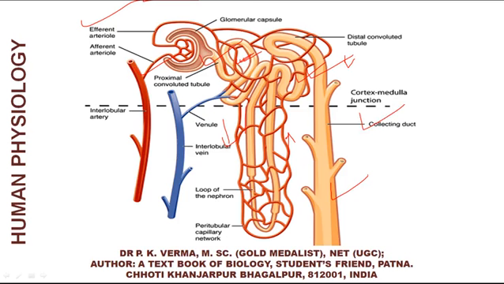You can compare it with the branching of trees, that is an arborized, tree-like system in which the stem is thicker than the branches, and from each branch so many finer branches appear. Similar is the arrangement of the nephron with collecting ducts.